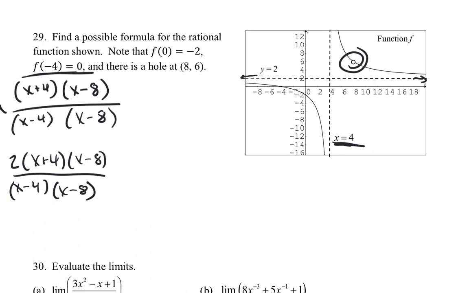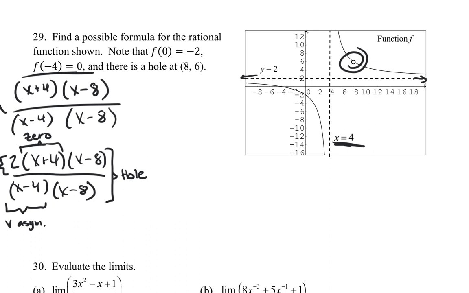Right, and so just to draw all these out, this is the vertical asymptote, this is the horizontal asymptote, this is the 0, and these are the holes.